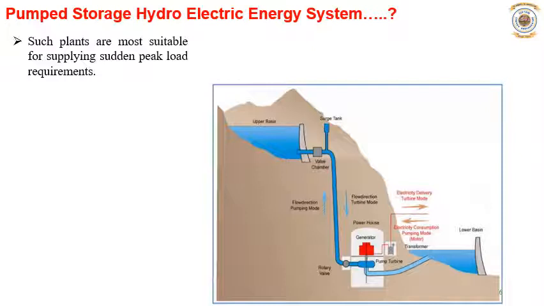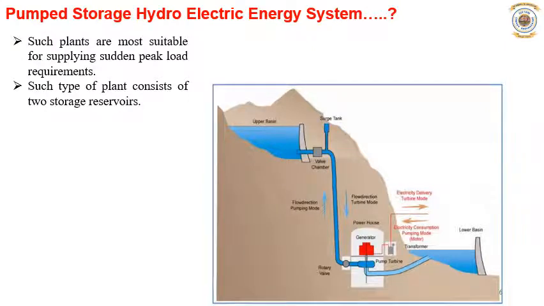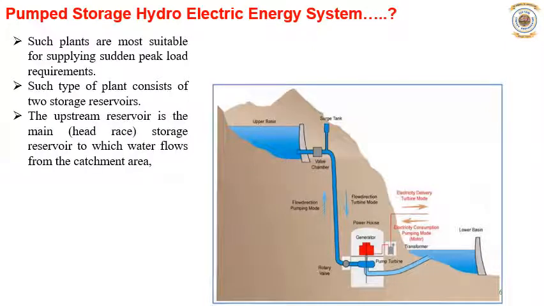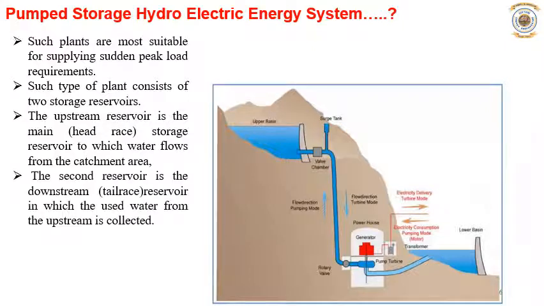This water can be again used for generating power during peak load periods. Pumping of water may be done seasonally or daily, depending upon the conditions of the site and the nature of the load on the plant.